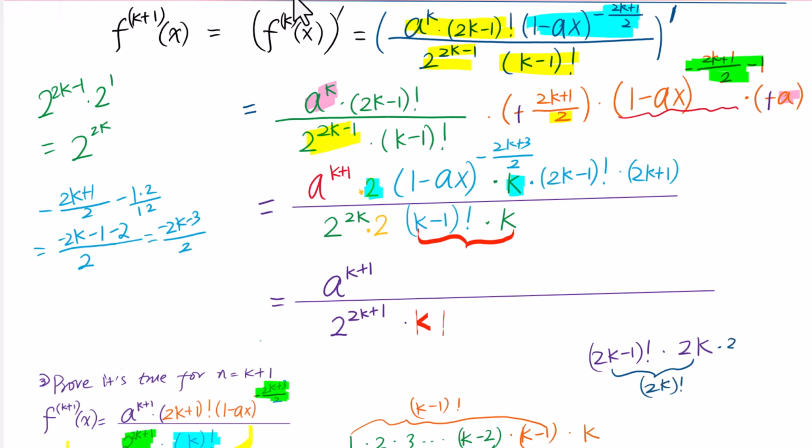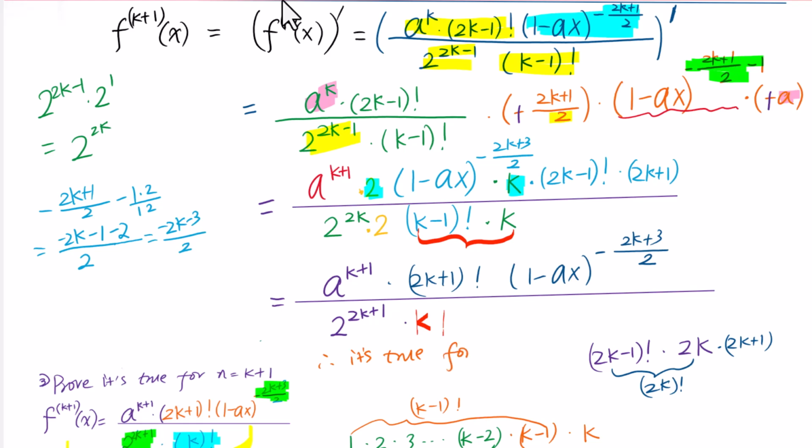Then times (2k plus 1), it will be (2k plus 1) factorial. Then times (1 minus ax) to the power of negative (2k plus 3)/2. So it's true for n equals k plus 1.